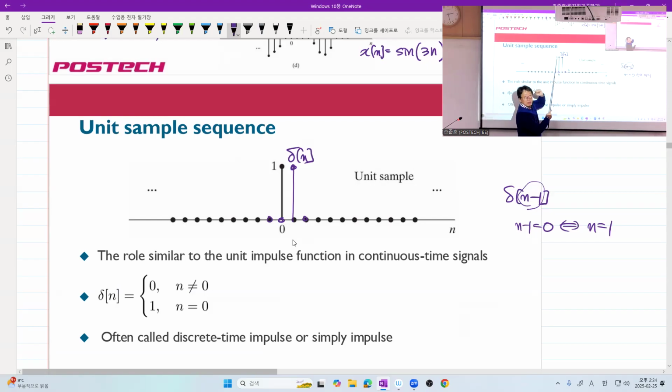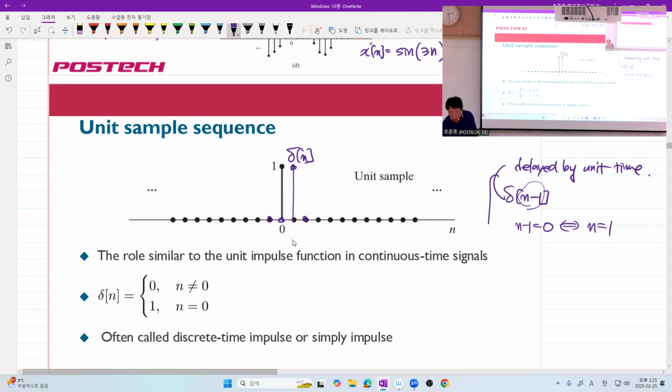But for example, at 5 seconds in the discrete time domain, which corresponds to discrete time index 1, we have the value. So this is called delay. Delay by a unit. Delayed by unit time. Okay, got it?